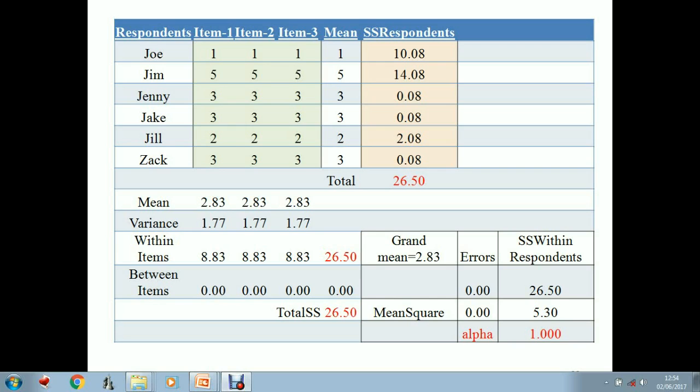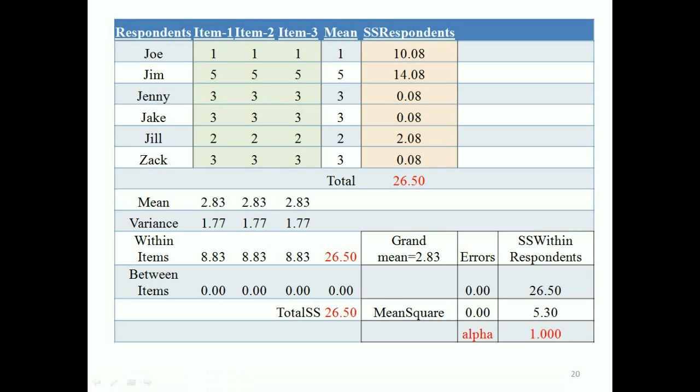This was done using Excel, but you can see that this looks like an ANOVA table. The only information you need here is the mean squared errors and the mean of the sum of squared differences between respondent means and the grand mean.